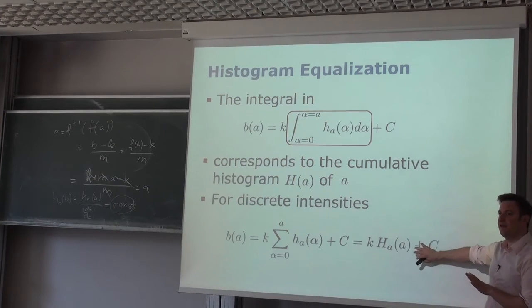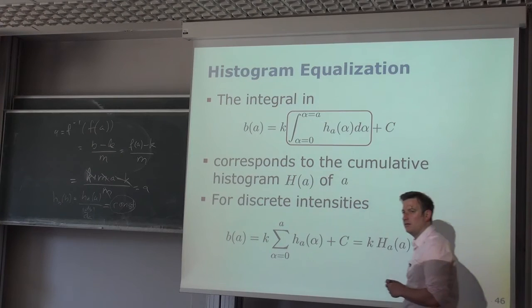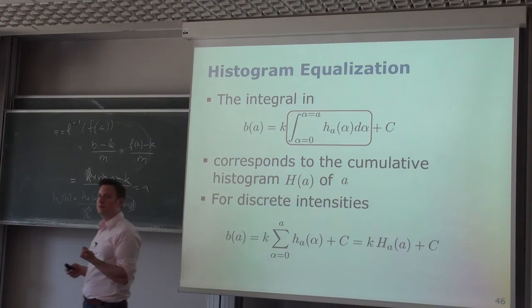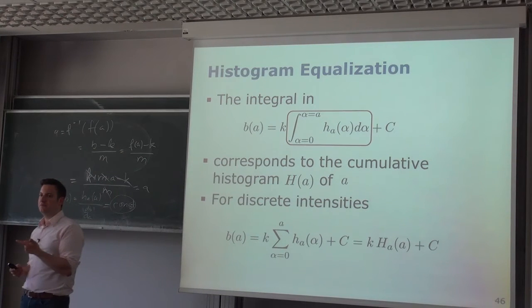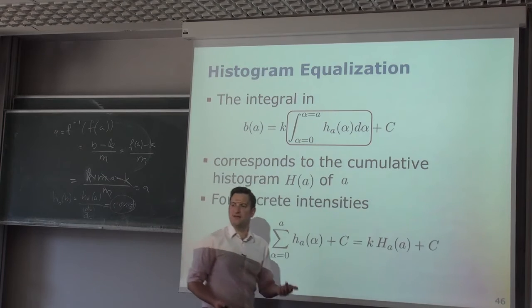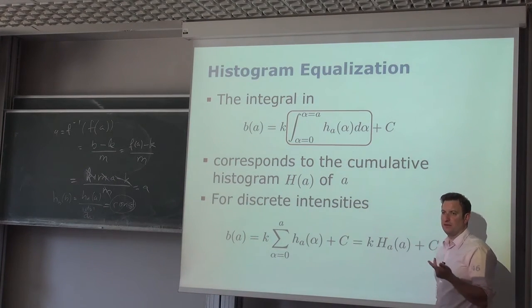Is this clear up to this point, what I've done? So I said, I want to have a certain constraint on my output. I have my given input, but I don't know how the transformation looks like to transform the input into my desired output. I can specify a constraint that I have for my output.